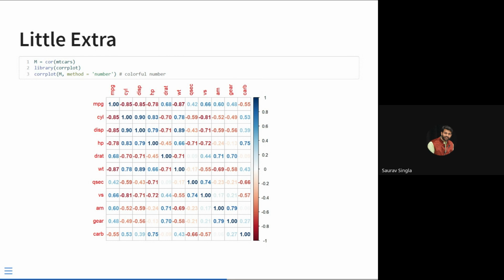So you can install this, and there are several beautiful ways to present the correlation. There are so many ways.